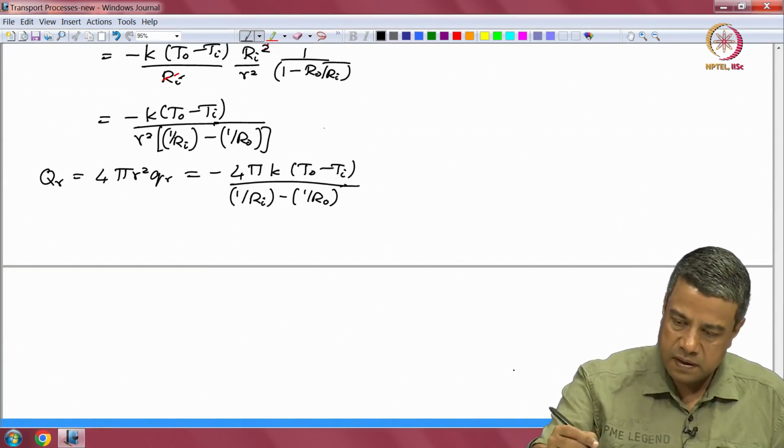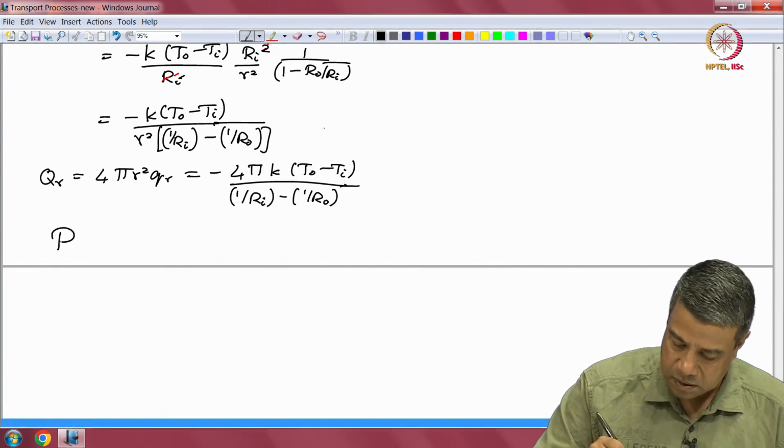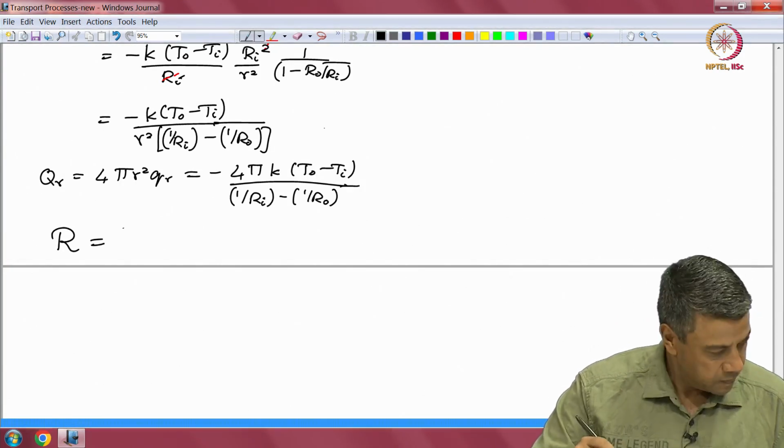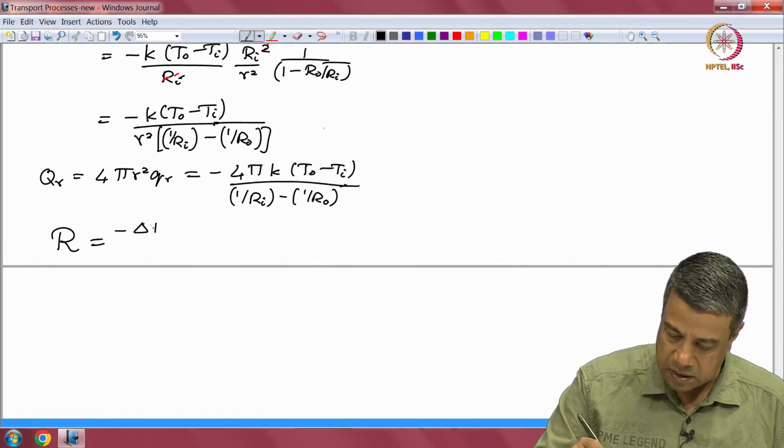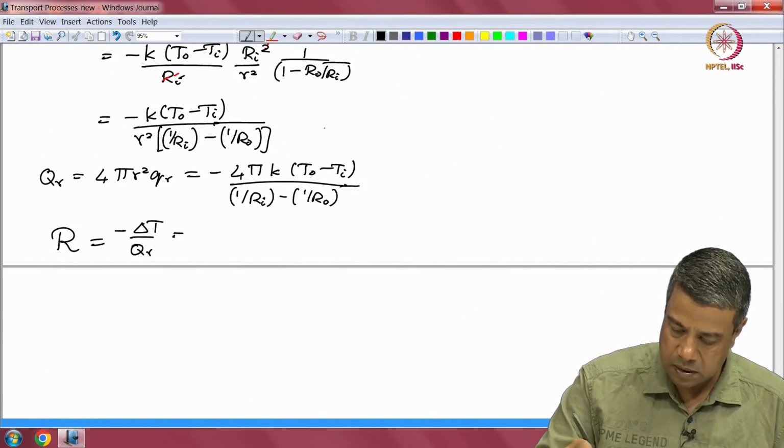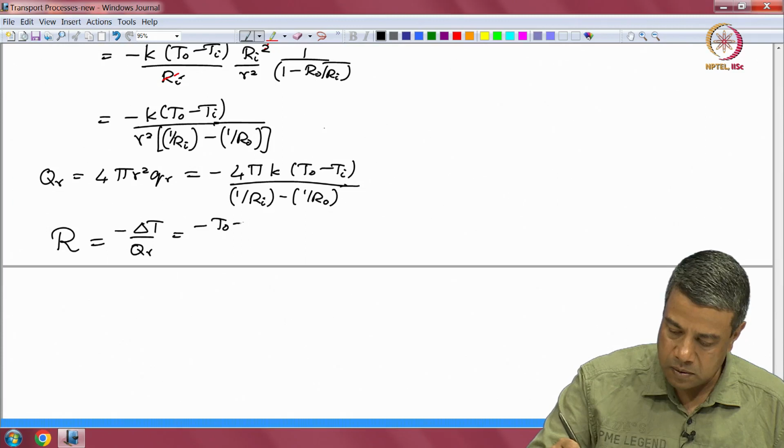And the heat transfer resistance, R, is equal to minus delta T by QR, which is minus TO minus TI by QR.